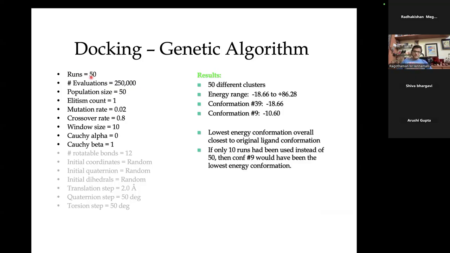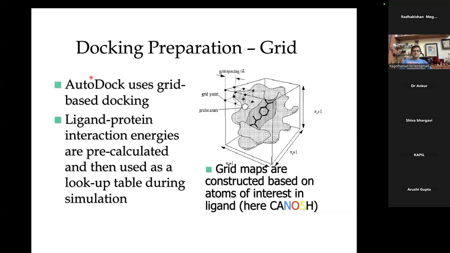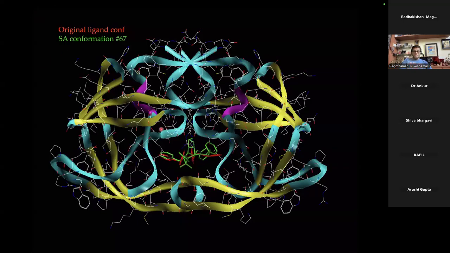So remember I talked to you about blind docking, where if you don't know the active site, you give the entire protein and then you do the docking. In that particular case, the grid is not this particular site. The grid is this entire protein itself. This entire protein is inside that grid box. And let's say you do 50 dockings, you see how many of them will bind in this particular place.